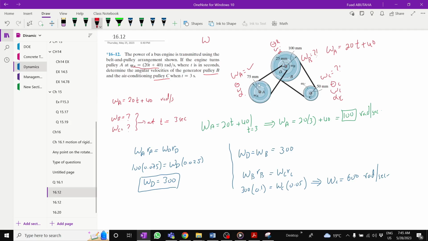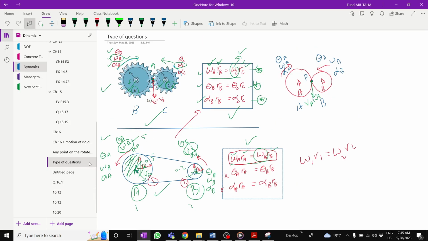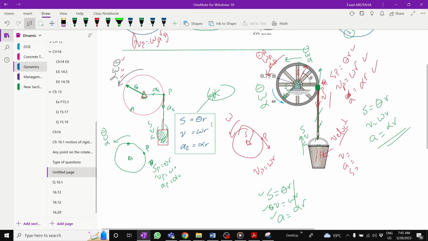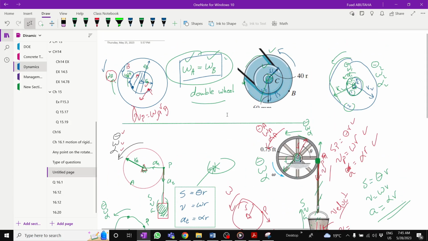So we first need to calculate omega D from A, and omega D will be the same as omega B. If we have two discs on the same body rotating together, the omega of that one will be the same as the omega of the bigger one.